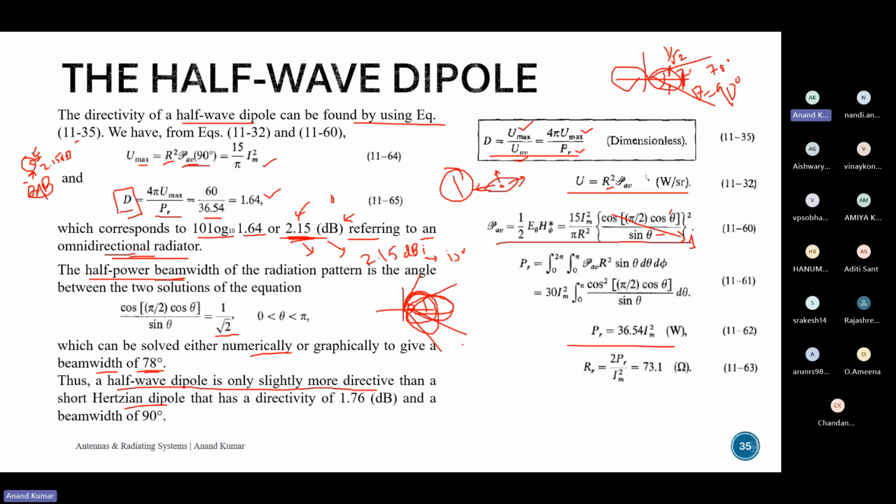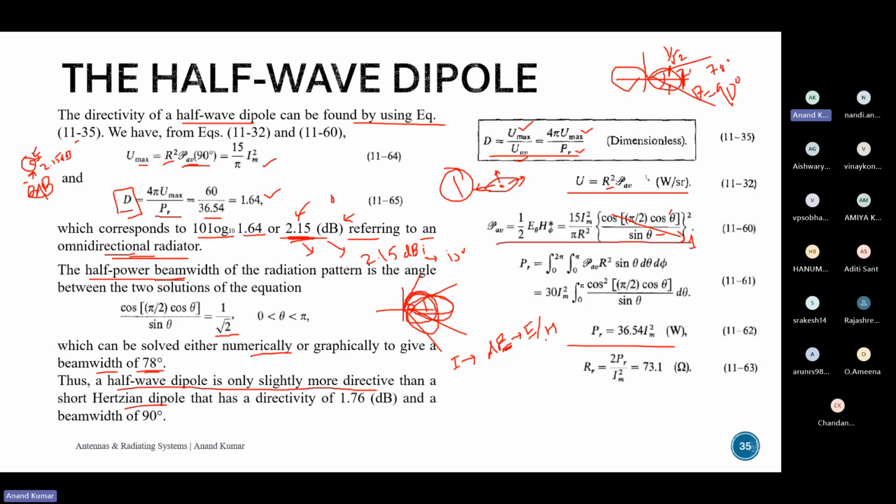So we have calculated, we started with the expression for current. Then from current, we wrote down the electric field, like for an elemental dipole, and then we calculated the complete electric field and the magnetic field.